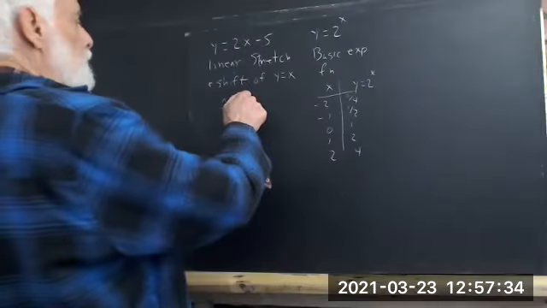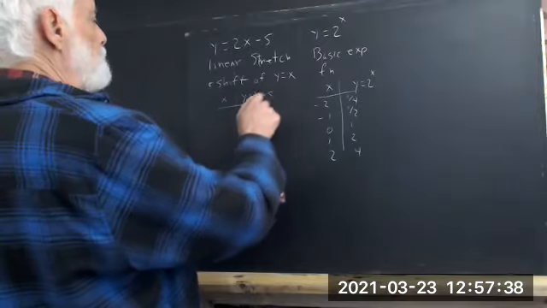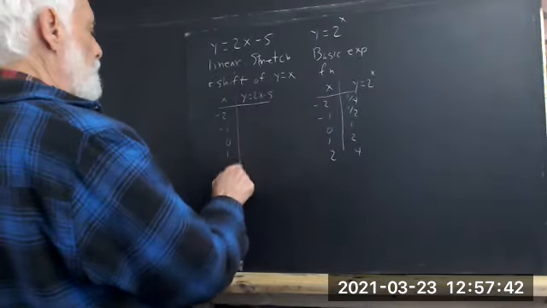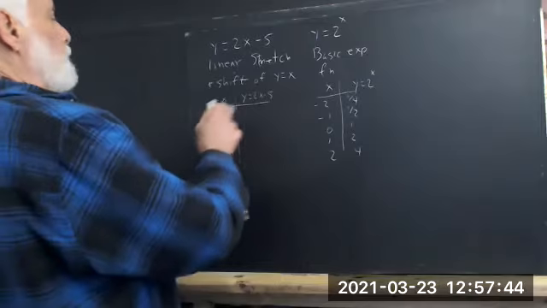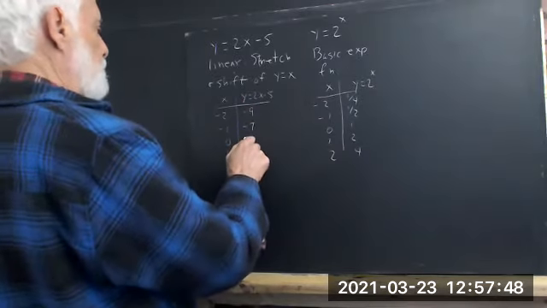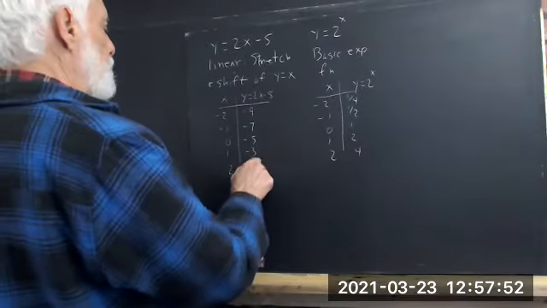So we would not ordinarily construct the graph this way. But, okay, we get -9, -7, -5, -3, -1.